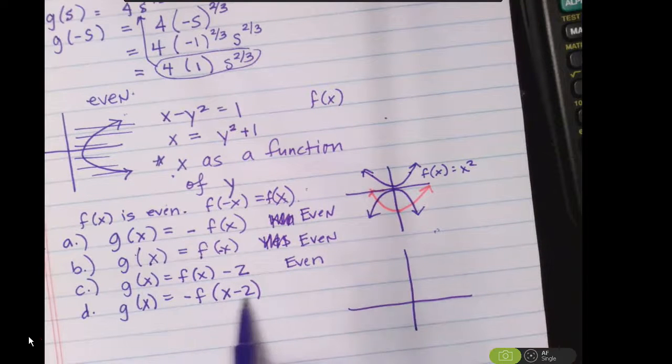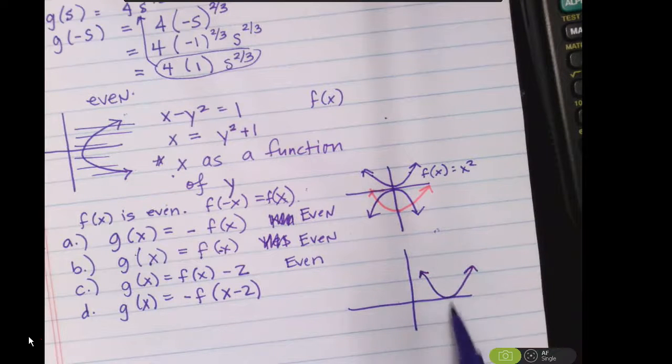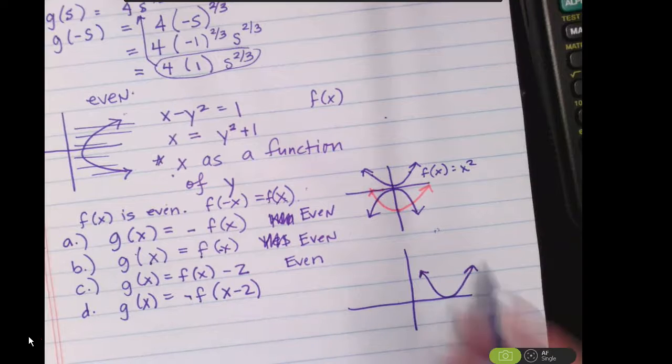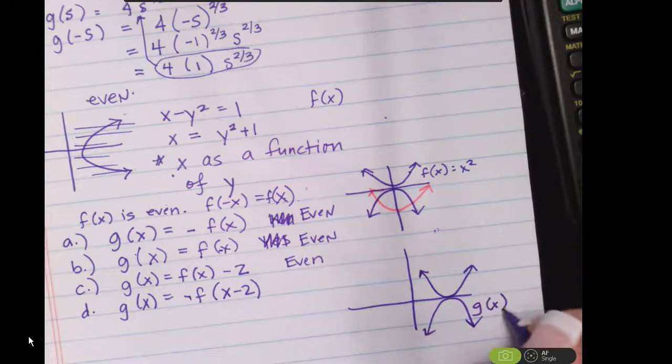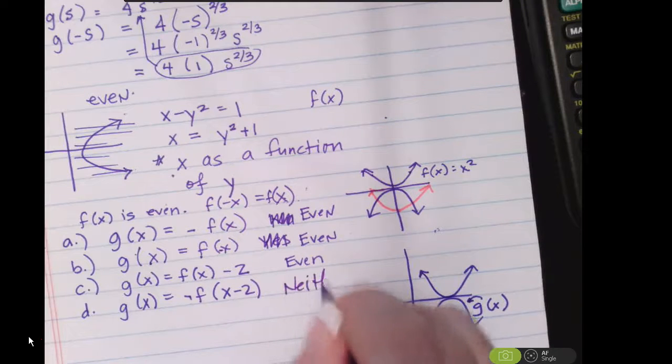So x minus 2 inside the parentheses, that's moving that whole function 2 units to the right. And then by making it negative, they're flipping it. Okay, so right here is g of x, and that is flipped over and shifted to the right. It's not symmetric around the y-axis or the origin anymore, so that would be neither.